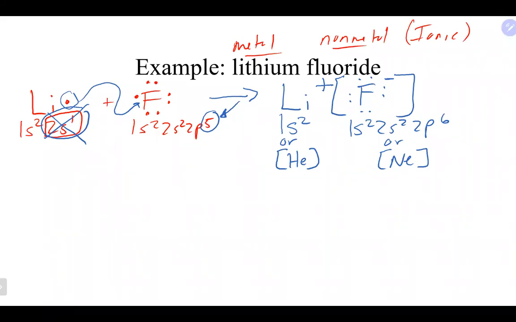They have both now reached noble gas configuration in terms of their electrons, creating a very stable bond. But once again, there's no sharing of electrons. That positive-negative attraction is what holds it together. Any questions on that? All right.